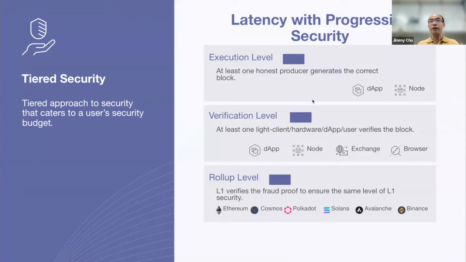If you want a fast response, you probably have less security, or otherwise you can wait all the way to getting the finality from layer 1. But in this case, you probably have to wait a little bit longer. So there are different kinds of security promises for the developer to choose from.